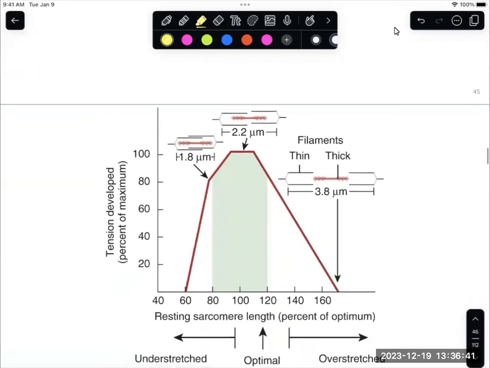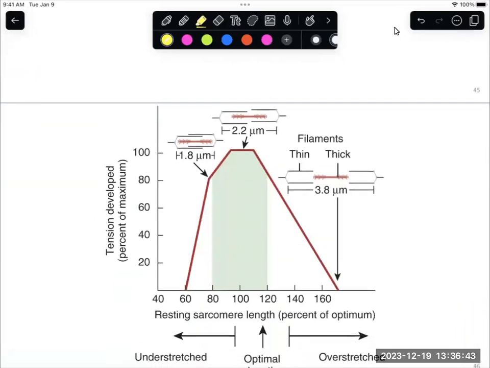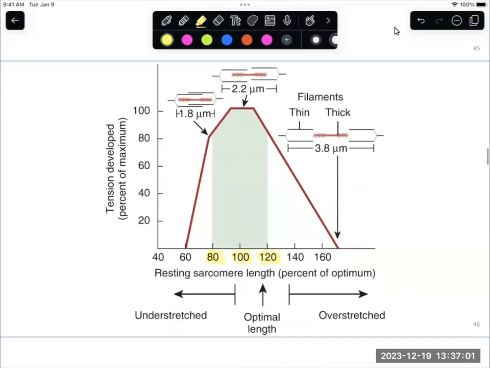So if we look at this nice picture here, our optimal length is usually between 80 to 120% of its optimal length, where we can generate the strongest contraction. That overstretch, this is that 170 we mentioned on that slide before.